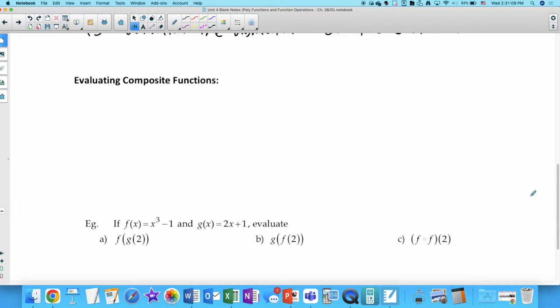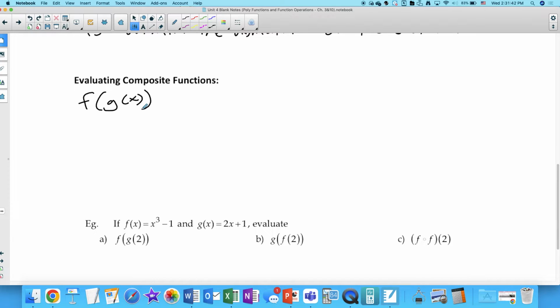Okay, so there's two ways to go about it, right? If you're looking at f of g of x, something like that, and in this case, you're going to be given a number there. You can start by evaluating the g of that number. Let's say you're looking at f of g of 2. Figure out what g of 2 is. Let's say g of 2 is 5. I don't know. Then put a 5 in there. Okay?